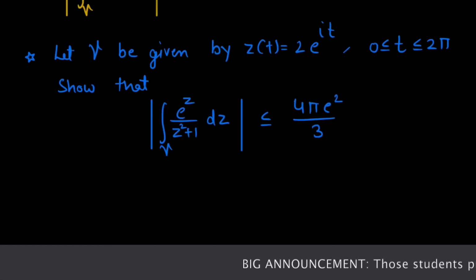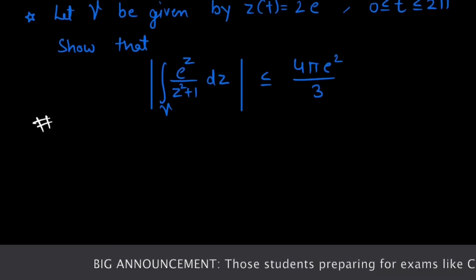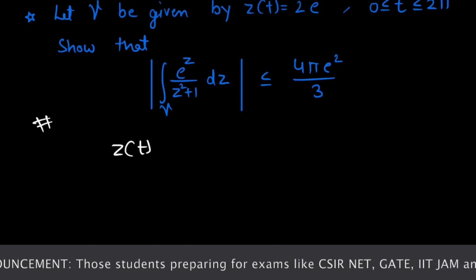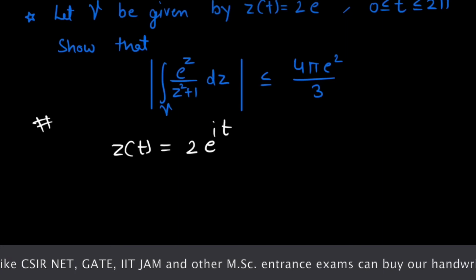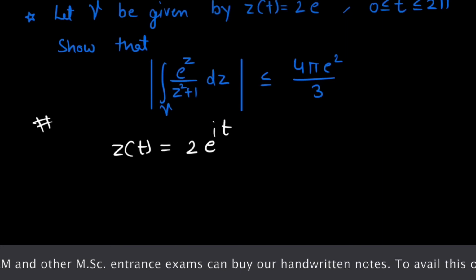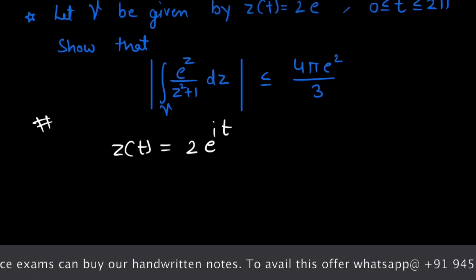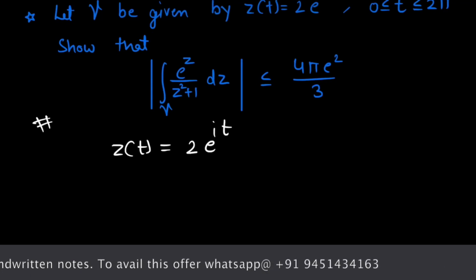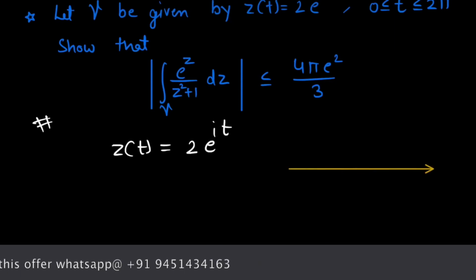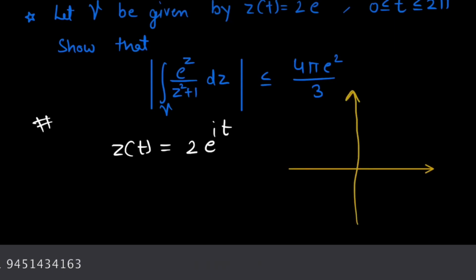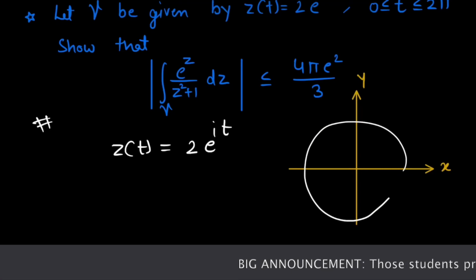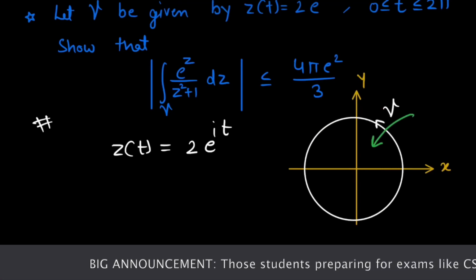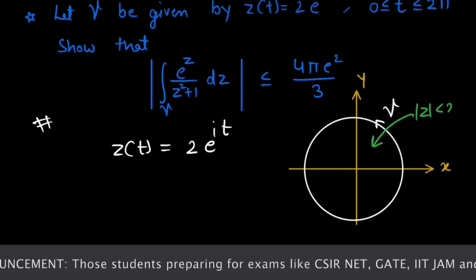So let's start. We have gamma as z(t), which is given by 2e raised to the power iota t. So this is a circle of radius 2 with center (0, 0), and inside this region the modulus of z is less than 2.